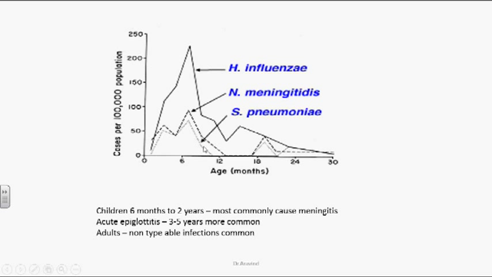So we see a high number of meningitis cases especially because of H. influenzae. In children 6 months to 2 years, the most common cause of meningitis is H. influenzae, whereas below 6 months it is majorly because of Streptococcus agalactiae. Acute epiglottitis we can see between 3 to 5 years, and in adults we can see the non-typable organism causing infection.